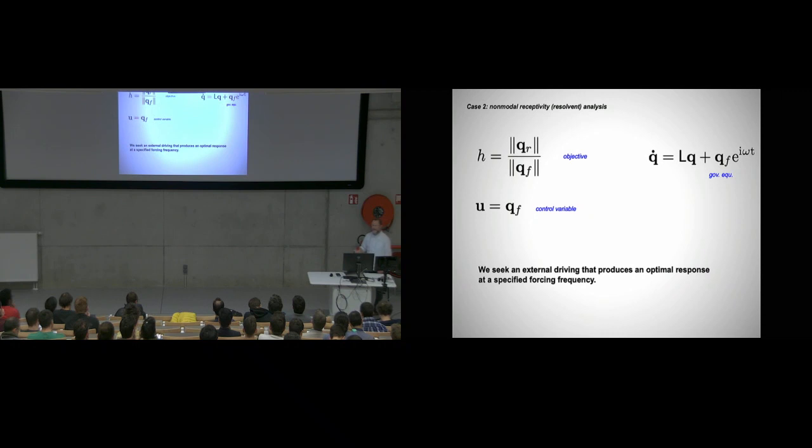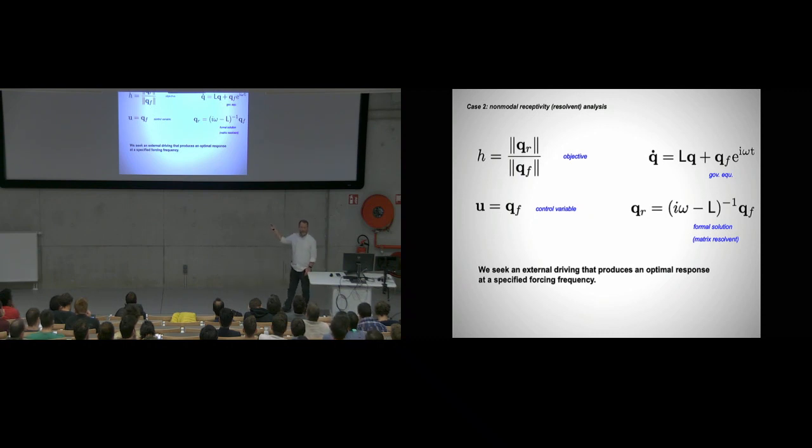It's linear and time invariant, so I can actually write down an equation that maps it directly from forcing to output. The matrix resolvent does that. So (iω − L) inverse maps the forcing directly to the output. So no integration there either.